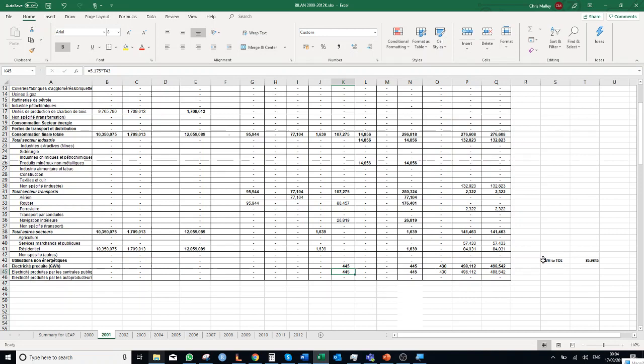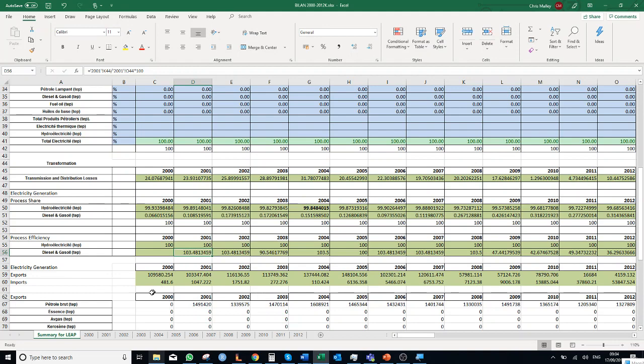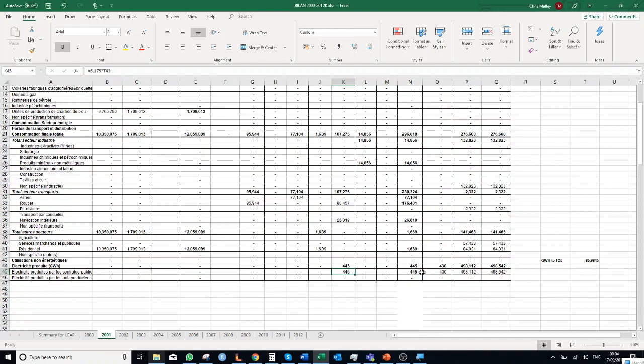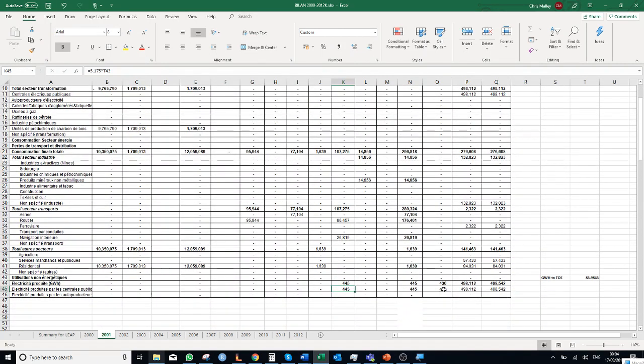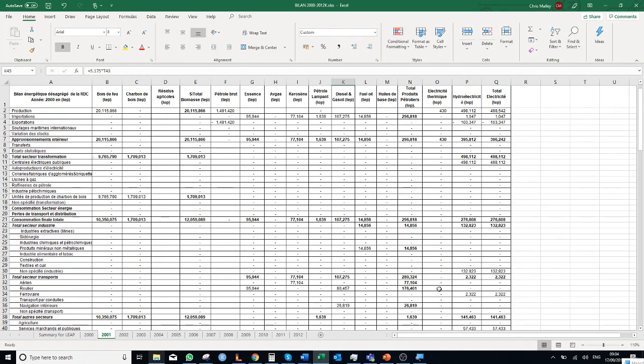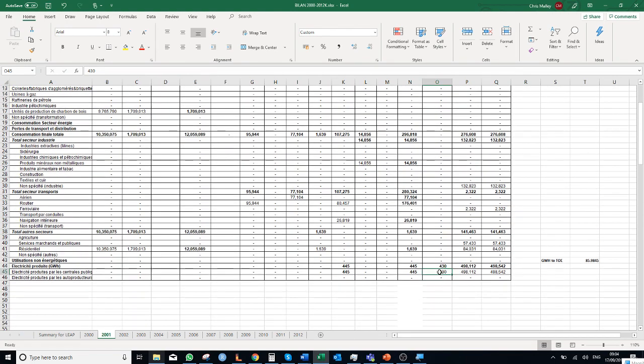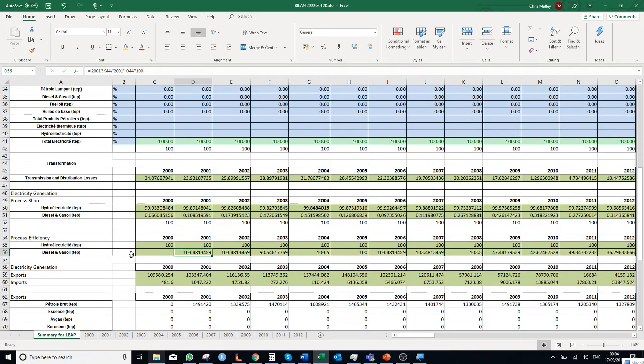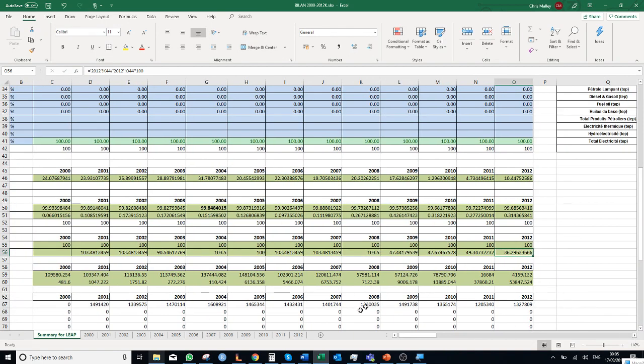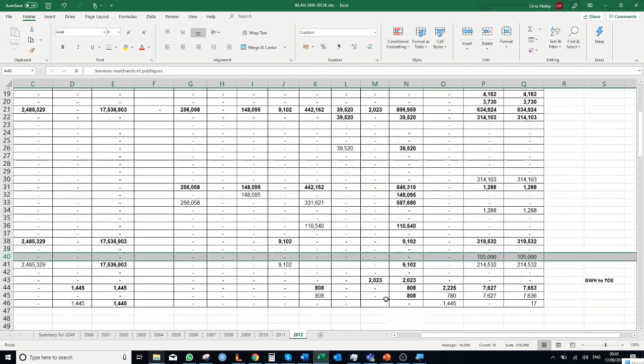Now, I've converted that from gigawatt hours to tons of oil equivalent, and I then divide that by 0.44, which is the amount of electricity produced. And I get a result that is over 100%. I'm not sure that can be correct.